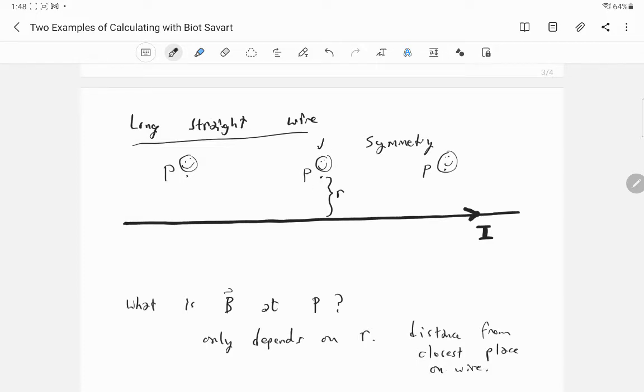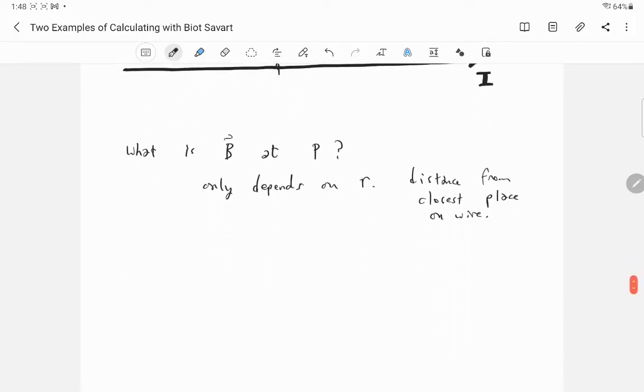This person right here, I'm not going to care about the distance to a faraway place because that's not really well defined. What's well defined is to talk about the closest place you are to the wire in this particular case, right? So really, actually, I'm starting to think that I need to understand what is the magnetic field as a function of distance from the wire, right?